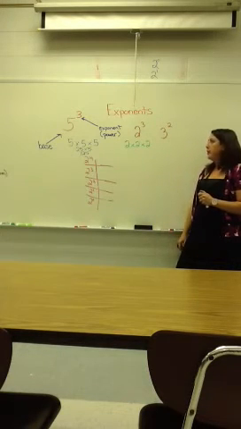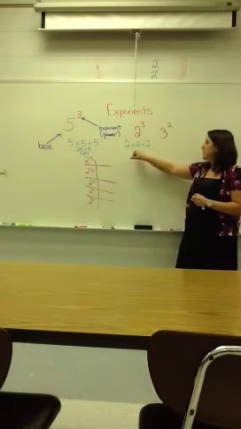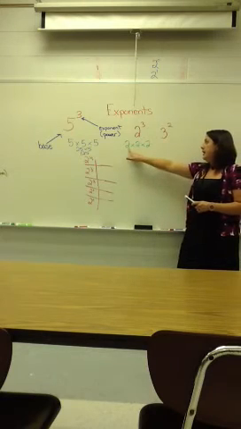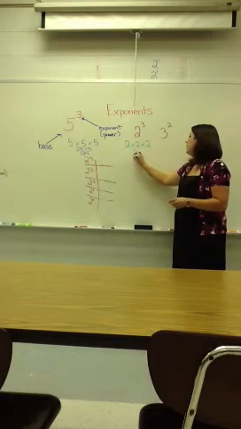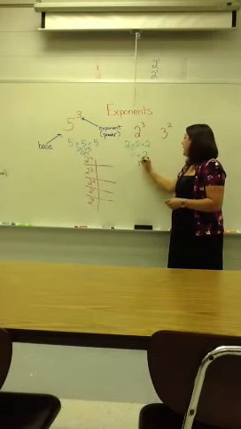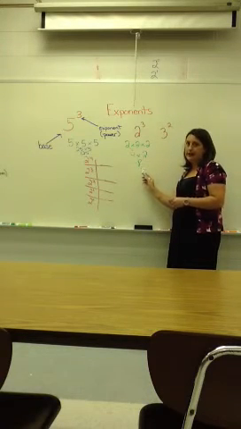Anything to the third power can also be referred to as cubed. So this is what it looks like in expanded form, and if I wanted to find the value of that, I would just multiply it out. 2 times 2 is 4, and 4 times 2 is 8. So 2 to the third power has a value of 8.